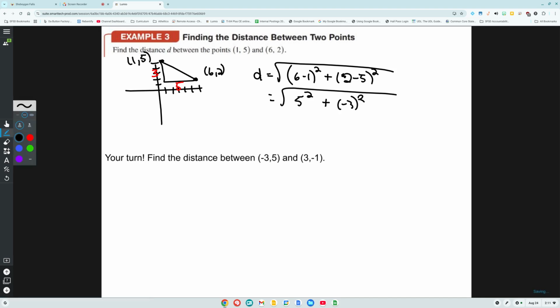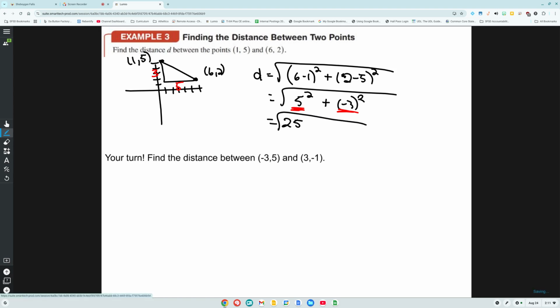And just to highlight this, there is where we're seeing our 5 and our 3 from our leg lengths. 5 squared is 25. Negative 3 times negative 3 is 9. And 25 plus 9 is 34. So I get the square root of 34.